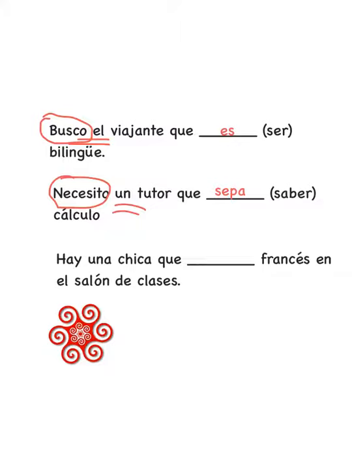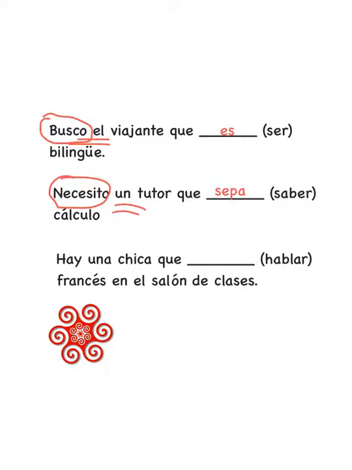Okay, hay una chica que blank francés en el salón de clases. Oops, I forgot the verb. Okay, we can fix that. Hablar francés en el salón de clases.